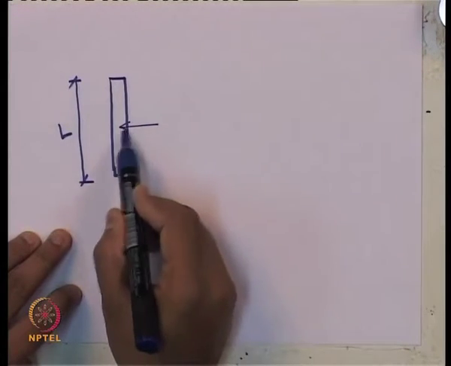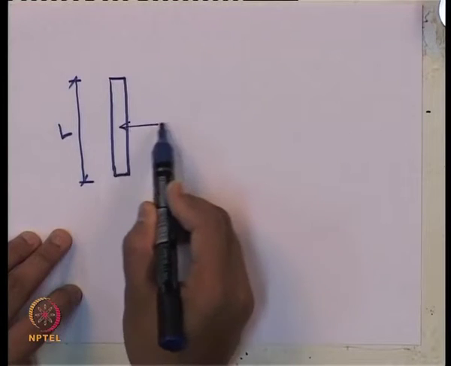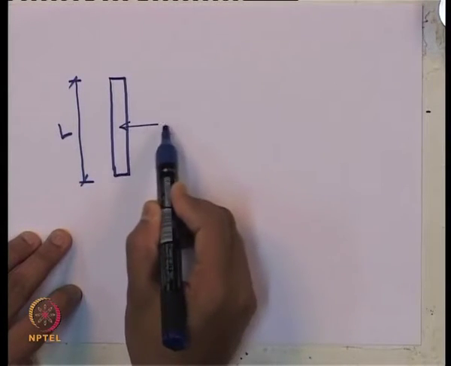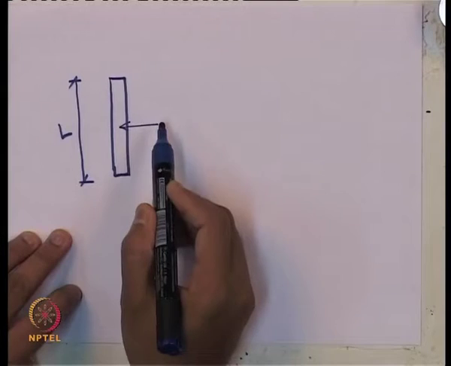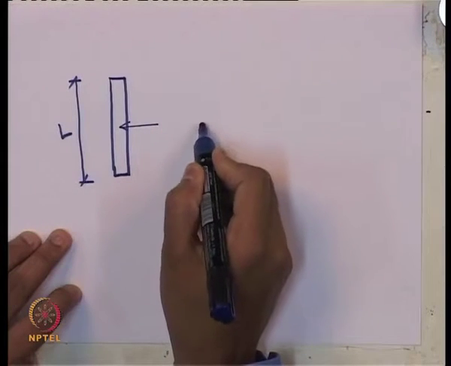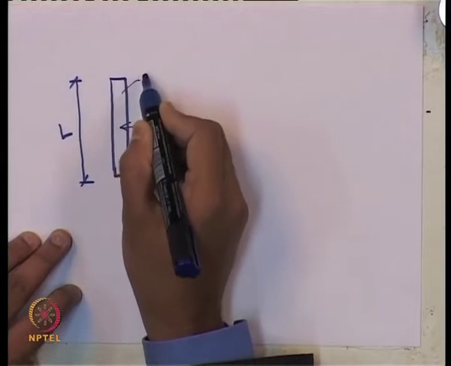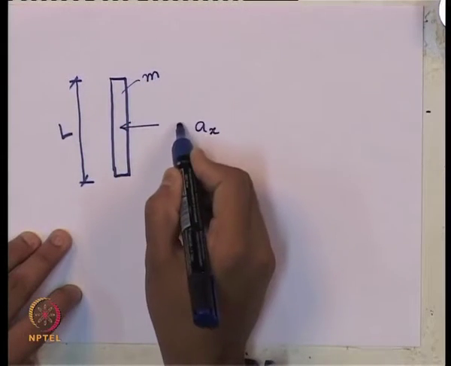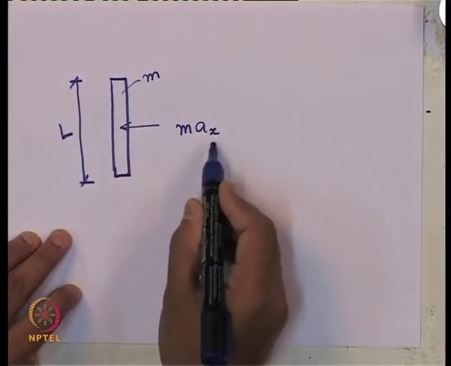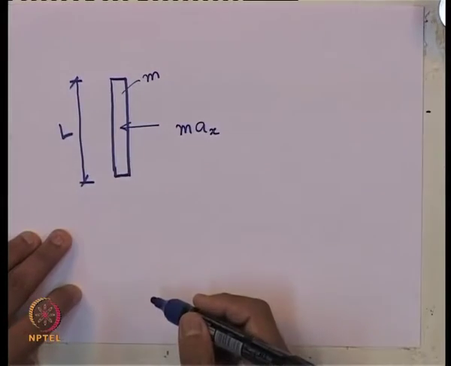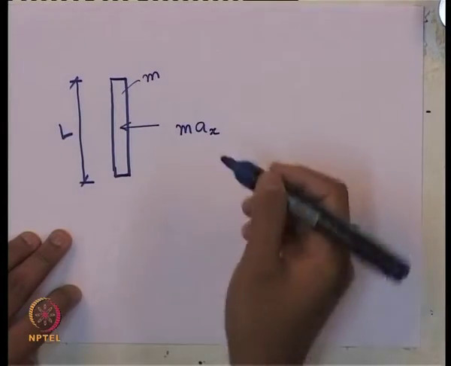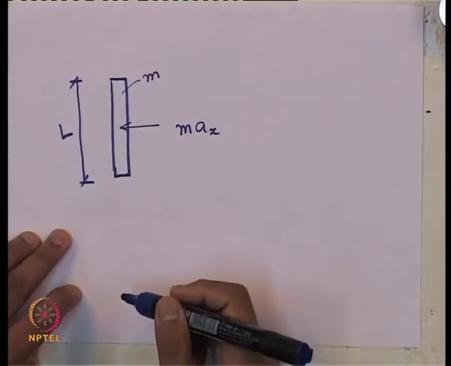So, if there is an acceleration in this direction, say x direction, which is say a_x, the inertia force for this bar of uniformly distributed mass will be m times a_x in this direction. That is the horizontal inertia force.